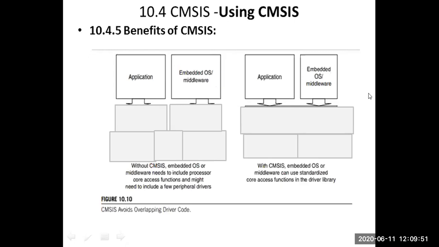This is definite. Both will have the application program and the OS. I repeat again, we are taking an example of the same device, one developed without CMSIS and the same device developed with CMSIS. Now, what is the difference?